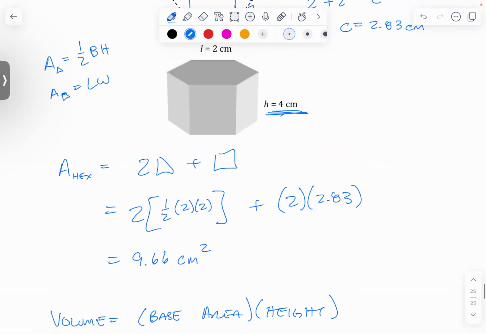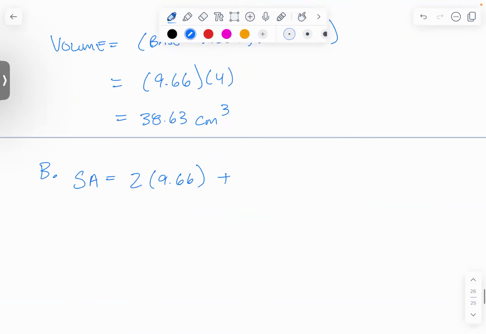Then all my other sides are these rectangles, right? I have these rectangles, and then I just have to count how many of them there are. Well, it's a hexagon, so I can't see them all, but there are 6. There are 6 rectangles that are 2 by 4 centimeters.